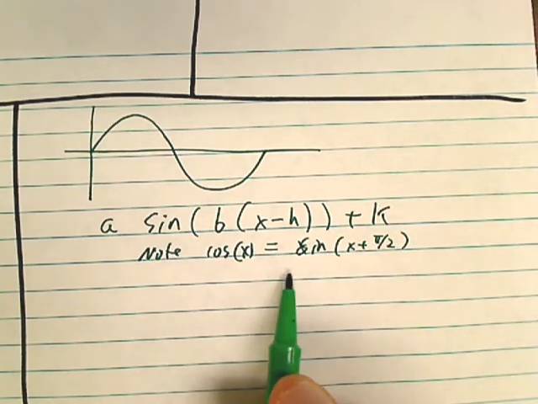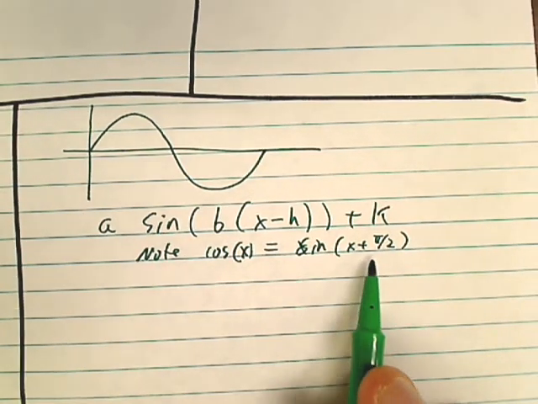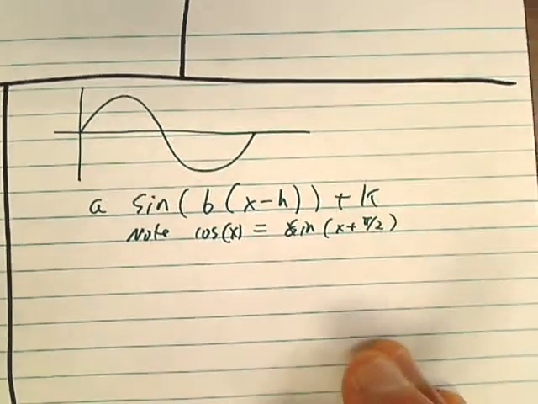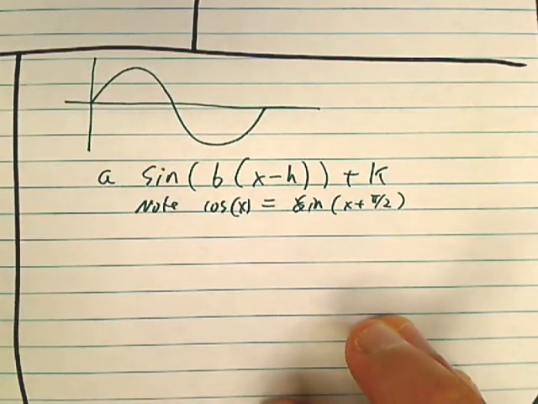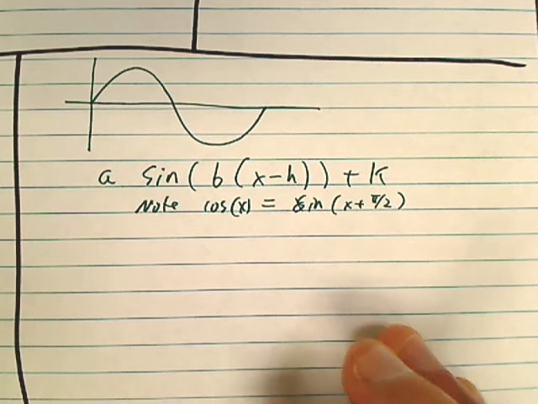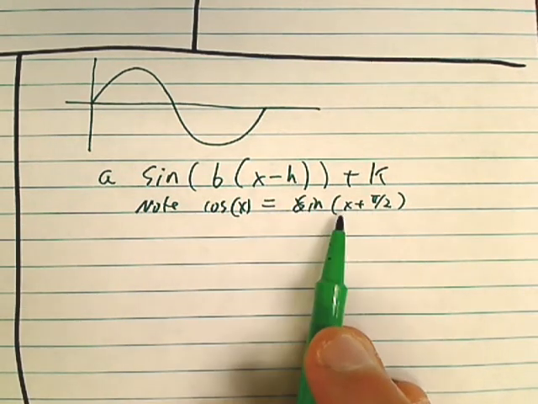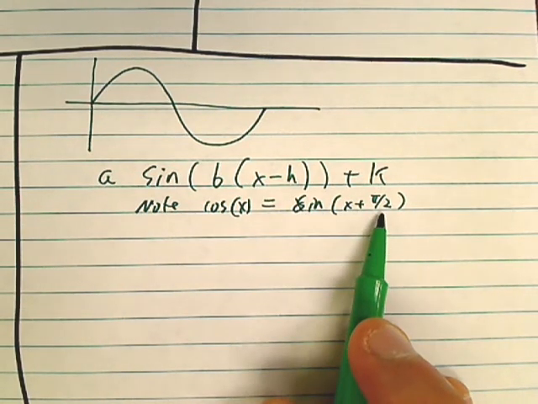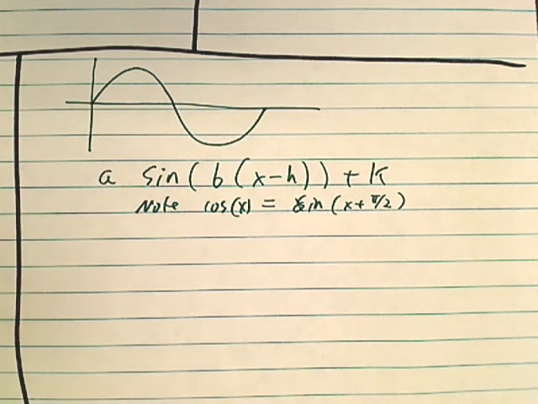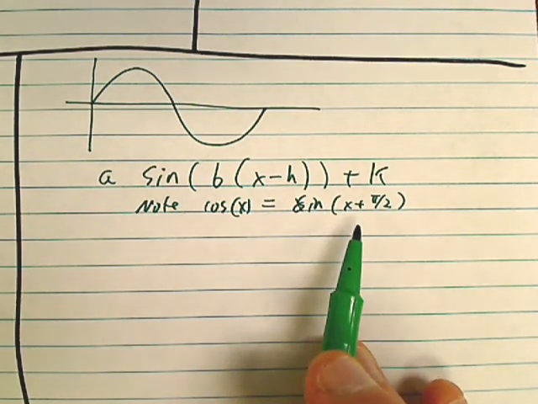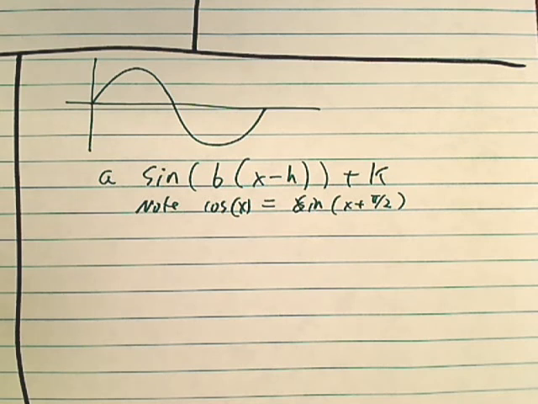So if I'm talking about cosine, you can just shift sine over a little bit. Remember, adding 90 degrees to the x moves the graph left 90 degrees, or pi over 2. So cosine is just moving sine to the left a little bit. That's how you would do it if you wanted to.